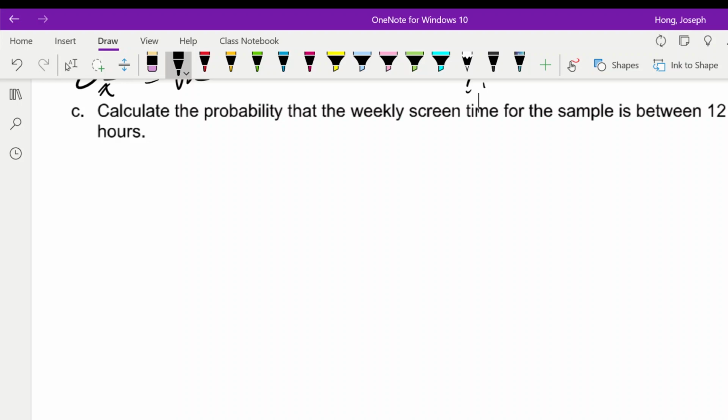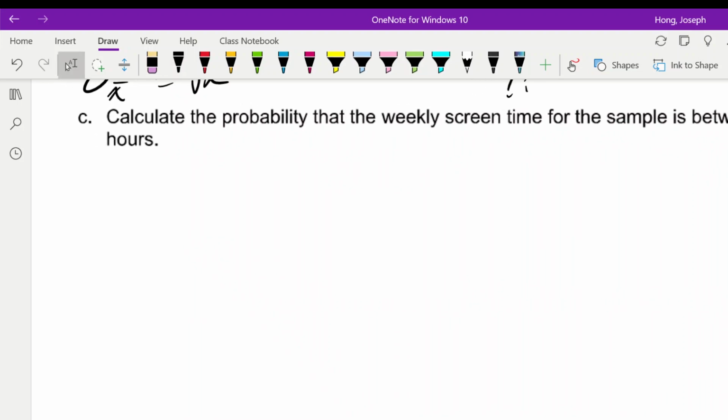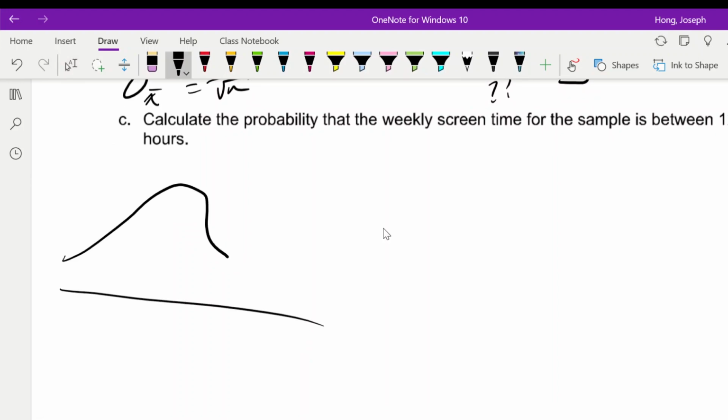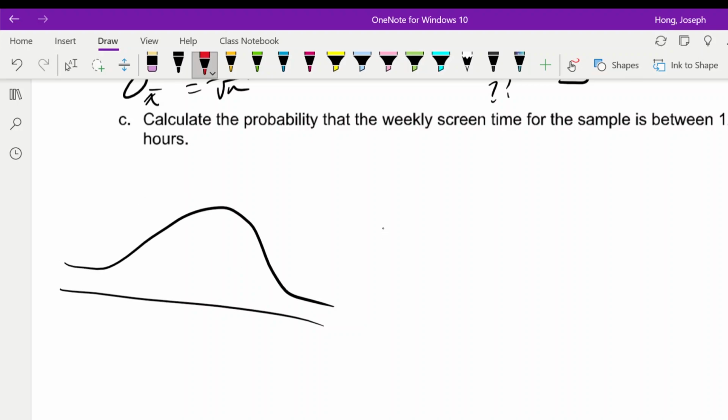And lastly, calculate the probability between 12 and 13 hours. This is going to be a distribution, like a mean distribution. That was really bad. So they're asking between 13 and 12. So if this is 13 and 12, you're finding this.